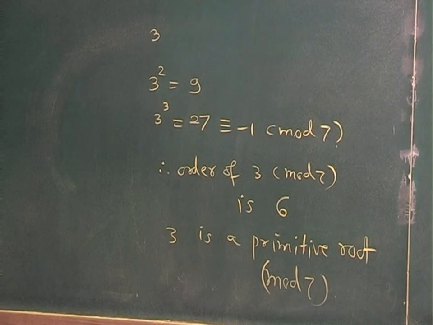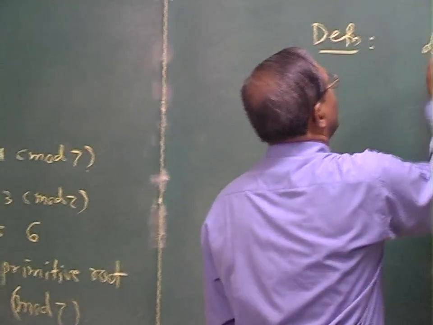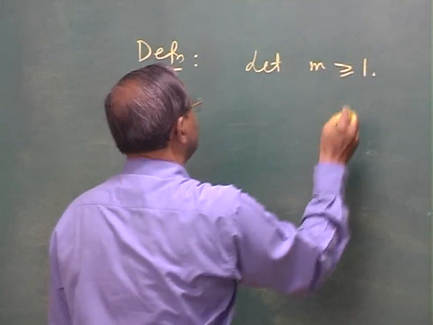So I will now define what a primitive root is. Let m be greater than or equal to 1.